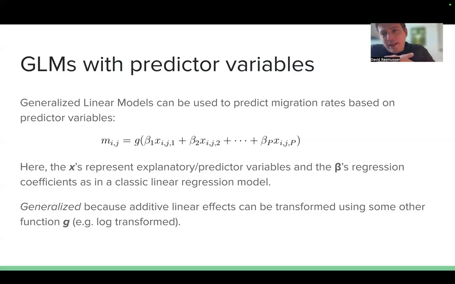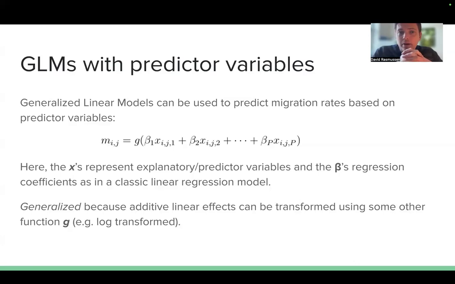And just to give you an example to make this more concrete, these covariates could be a number of different things, but they could be something like the actual physical distance between two locations. They could be environmental variables like the temperature or humidity in the different locations.